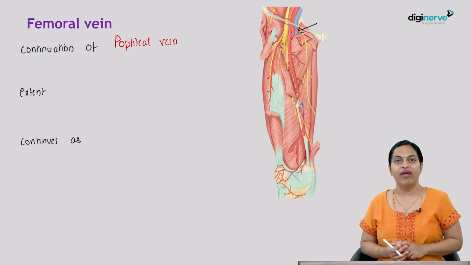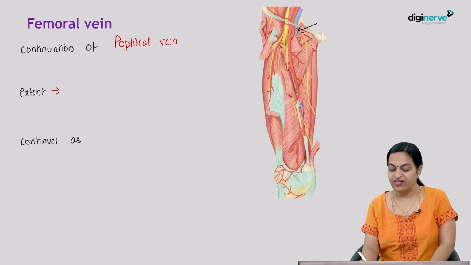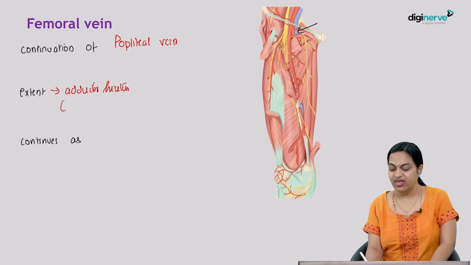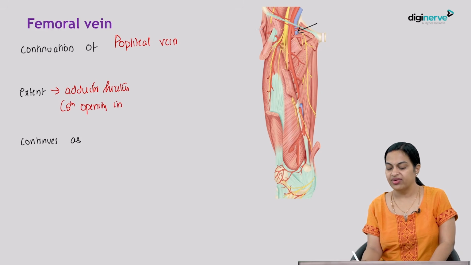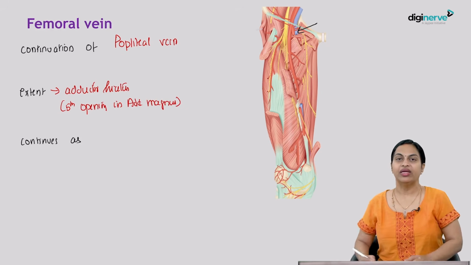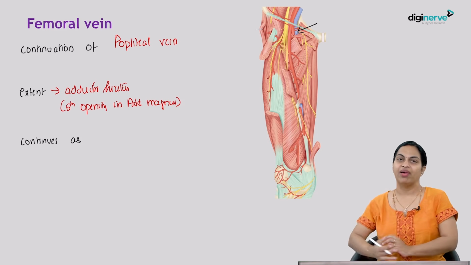So from where to where? The extent of this femoral vein is from the adductor hiatus. The adductor hiatus is the fifth opening in adductor magnus. So what is this adductor magnus? I've been telling you, the thigh we'll be learning as front of thigh, medial side of thigh, and back of thigh.